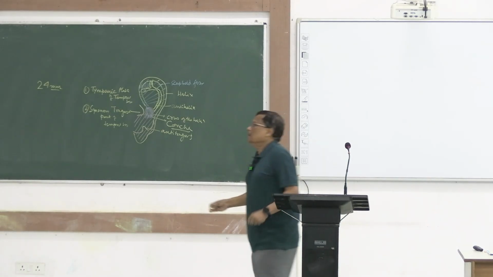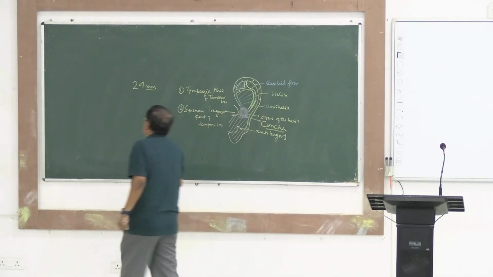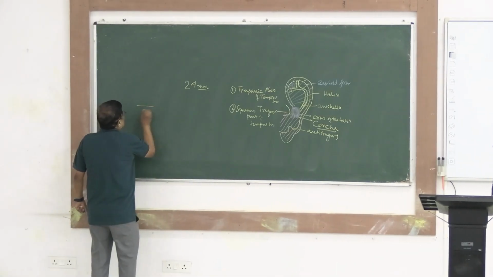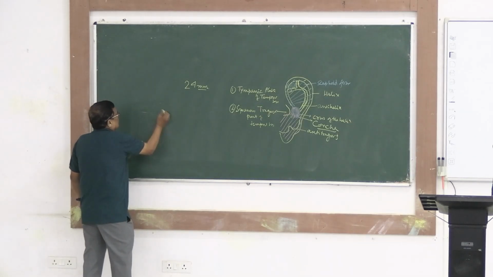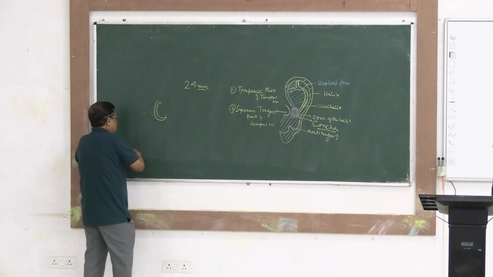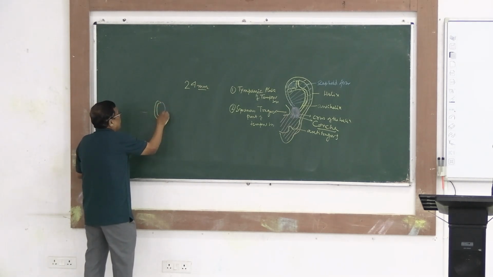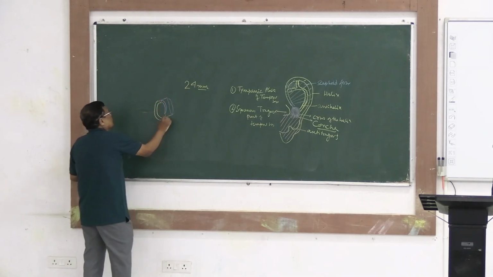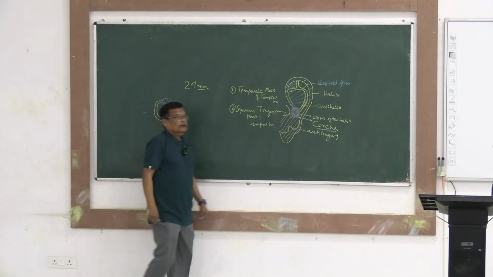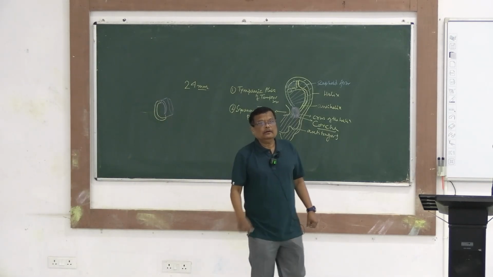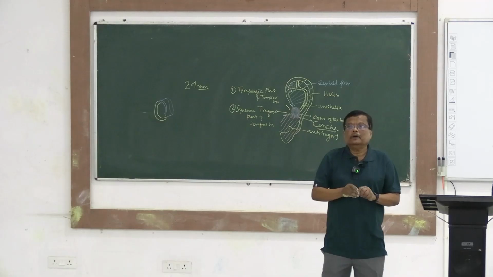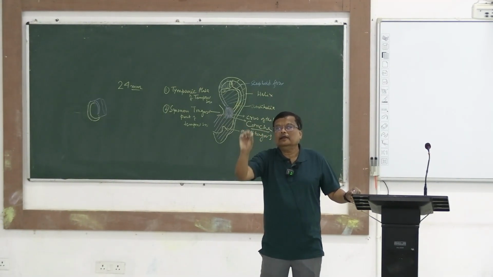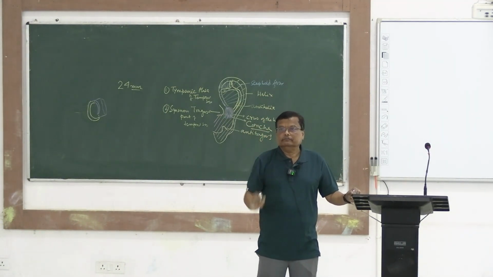In adult or young, it is a bony canal made up of the tympanic plate and the squamous part of the temporal bone, a tube-like structure. But in newborn and infant, it is not well developed. It is only made up of a ring-like bony rim.